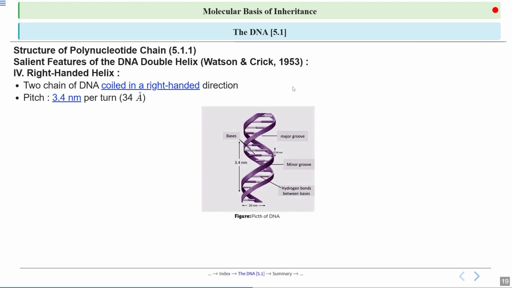Now, can we calculate the distance between 2 base pairs? Yes, we can. Because one complete turn has a distance of 34 angstrom or 3.4 nanometer. So if it's 3.4 nanometer for 10 base pairs, for one base pair it will be 3.4 divided by 10, which is 0.34 nanometer. So the distance between two base pairs is 0.34 nanometer.